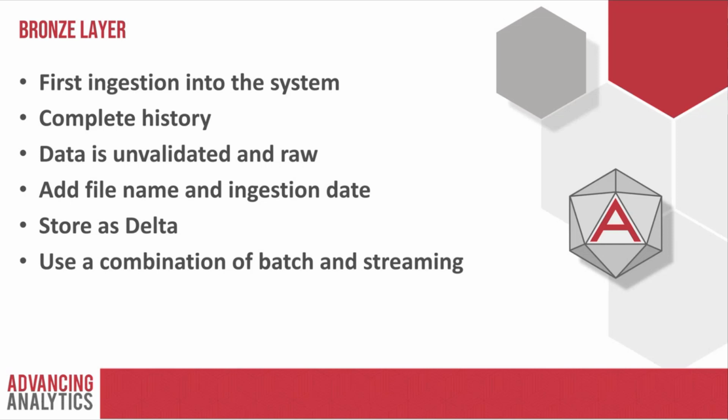But that's the only change that you would make to the data, apart from potentially changing the file type to Delta. I would suggest this in the bronze layer because it gives you the ability to do time travel and have that transaction log. So that's what I would recommend you do.